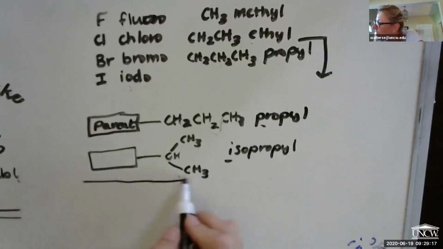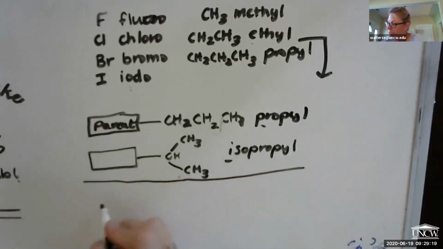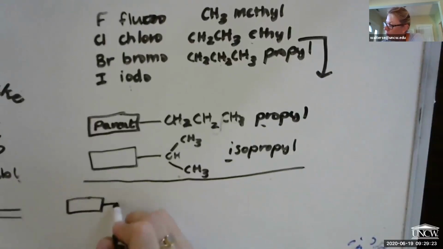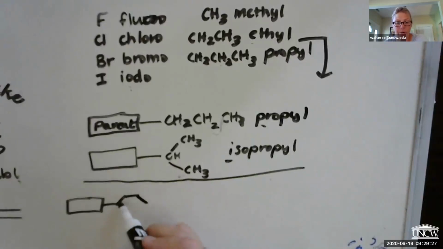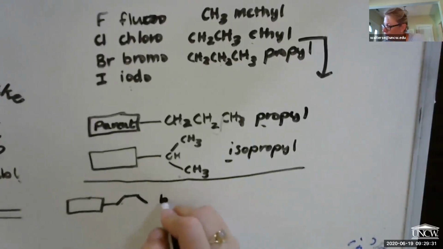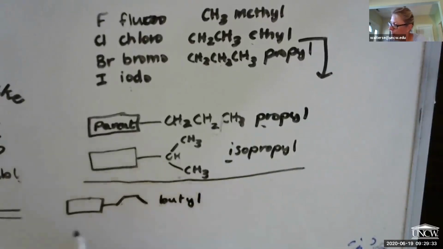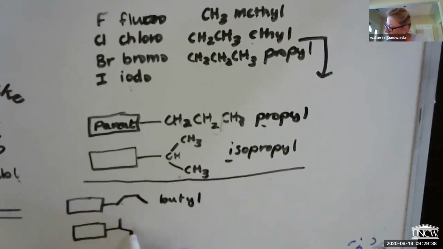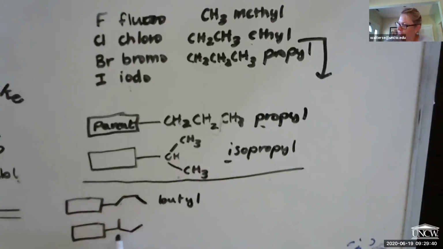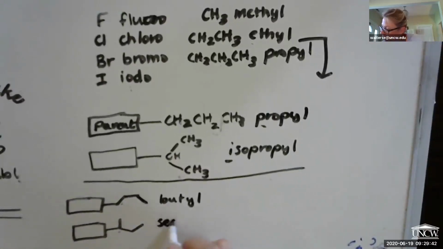With the 4-carbon groups, it's a little bit trickier. 1, 2, 3, 4. This is a butyl group. Okay, now this is a sec-butyl group.